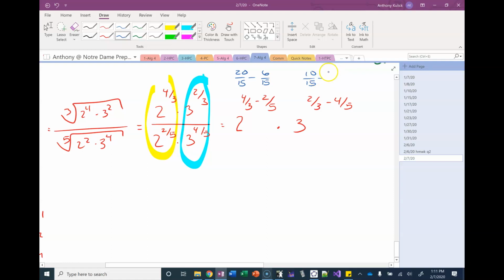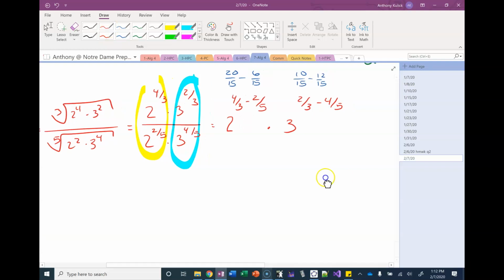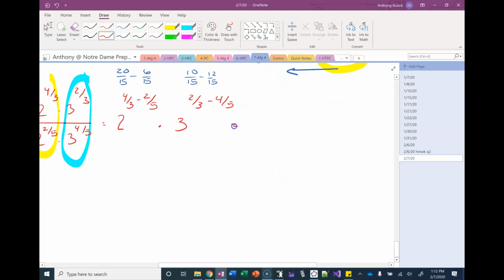And then multiply by 3 over 3. So when I do the subtraction, I get 14/15 and then -2/15. Is everybody okay here? Okay.